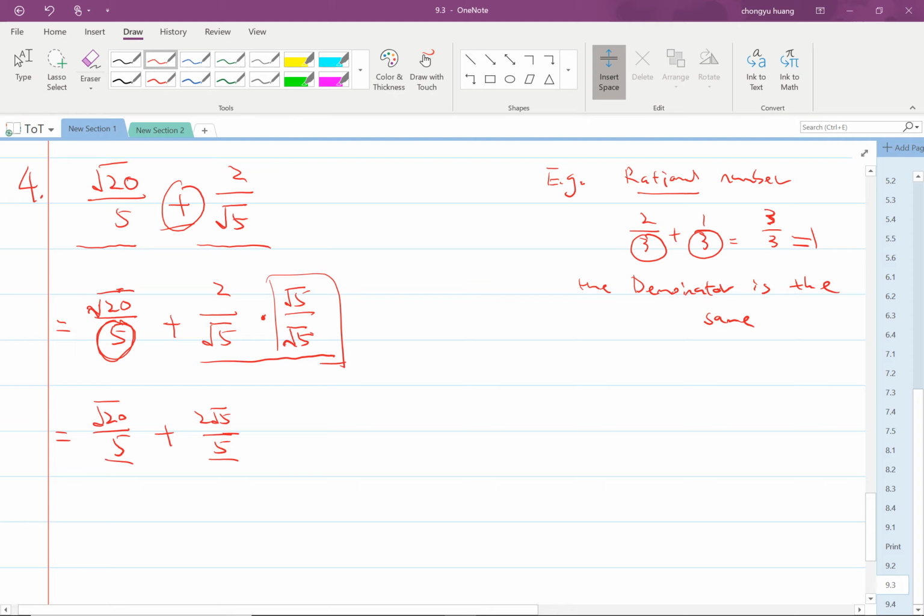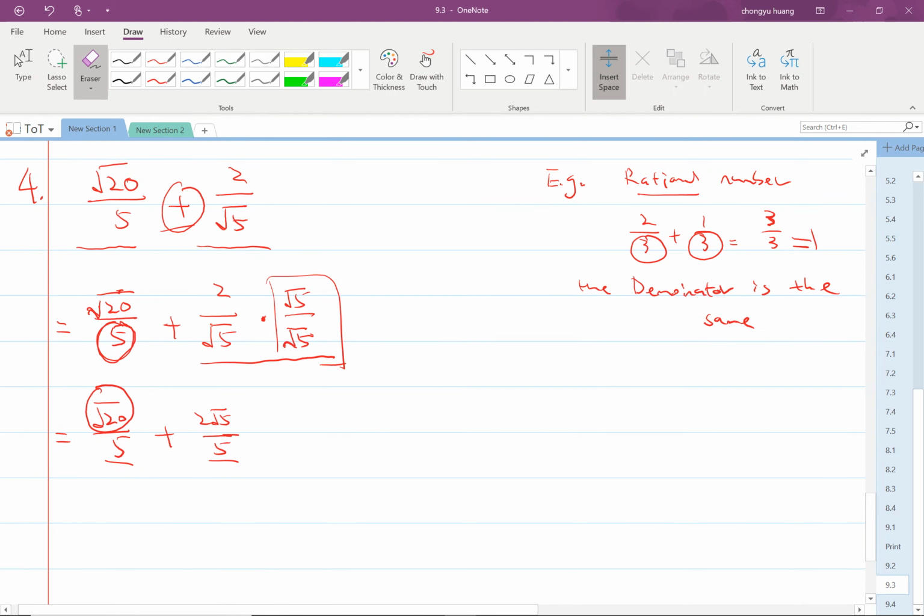The next thing to focus on is to simplify this number a little bit. As you can see, the numerator, let me go step by step, okay?